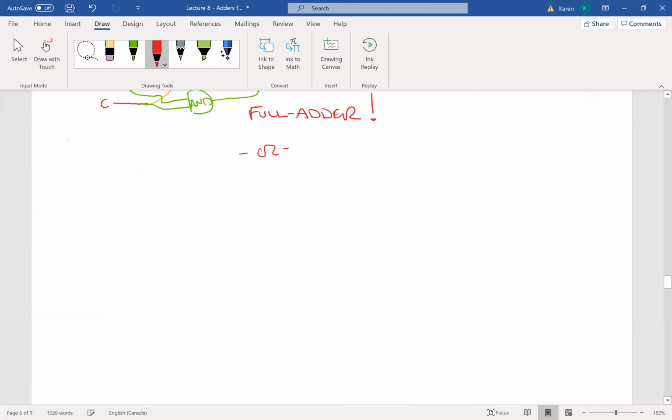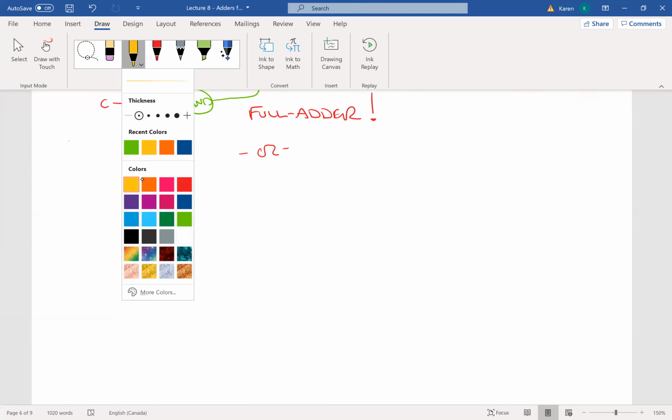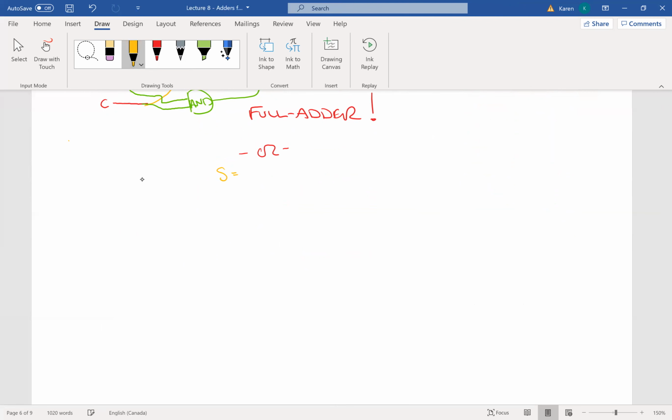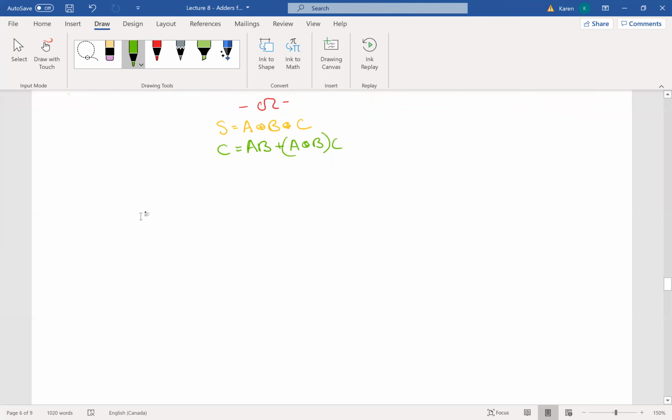So, or we could do sum is A exclusive OR B exclusive OR C, but we could do the other version of carry, which is A, B, or A exclusive OR B, C. And if we did that, we would build it just the same.